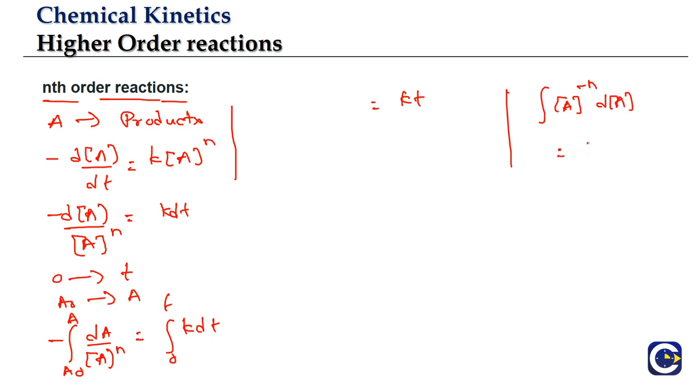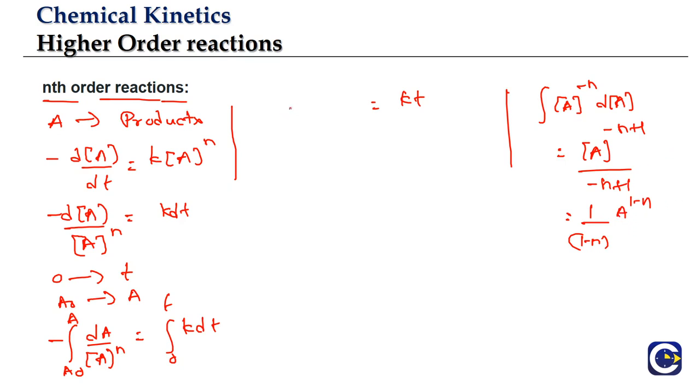So this is equal to a power minus n plus 1 divided by minus n plus 1, the integration value, which means what we will be having is 1 by 1 minus n a power 1 minus n. So just to write it as, instead of minus n plus 1, we will write as 1 minus n.